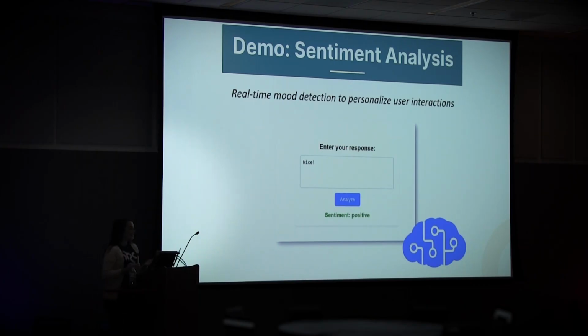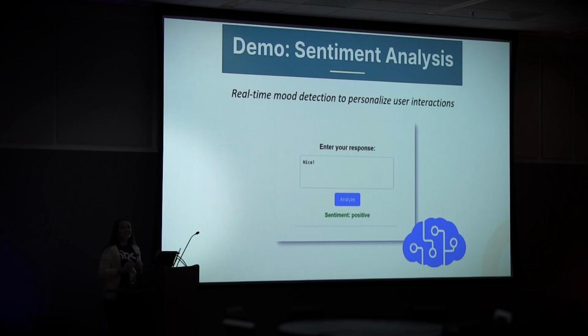It might offer hints to someone who needs help, or that bit of a push or celebration to keep going. In this simple demo, I used the Microsoft Azure Cognitive Services Text Analytics API, kind of a long name, to analyze text sentiment. So let's take a look.